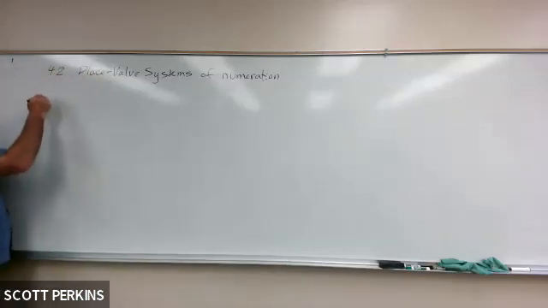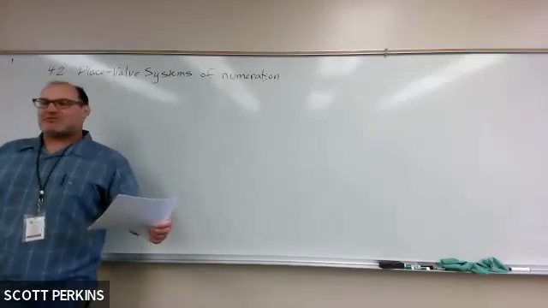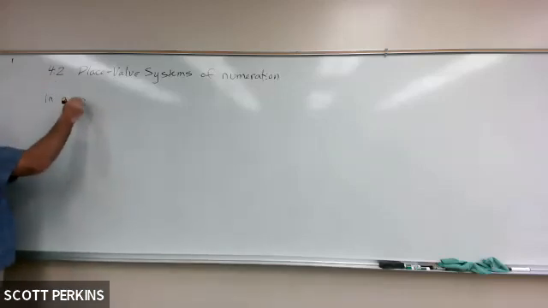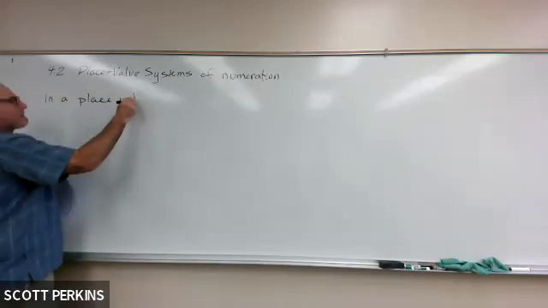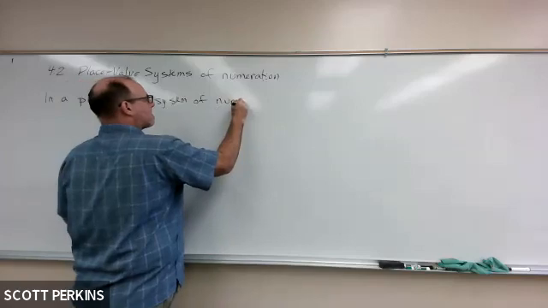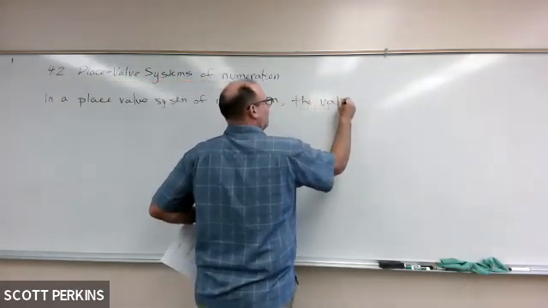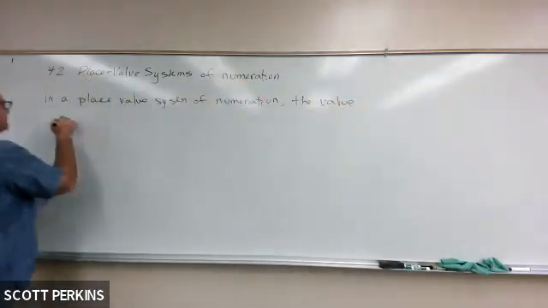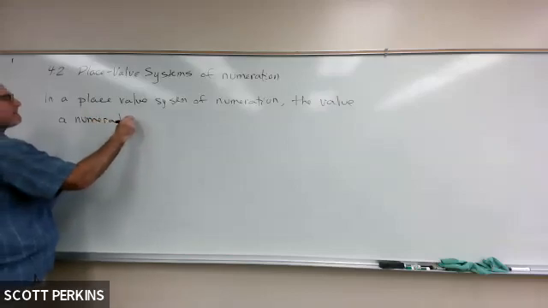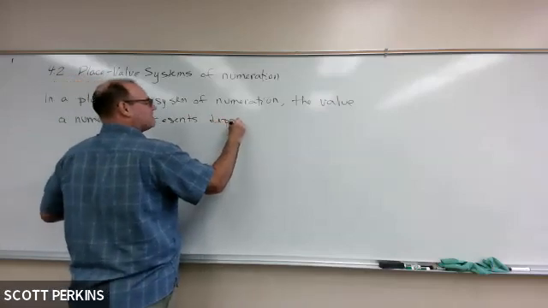So in a place value system, now you probably know this intuitively, you just haven't spoken it and defined it out loud, but in a place value system, the value of a number, the value a numeral represents, depends on its position.